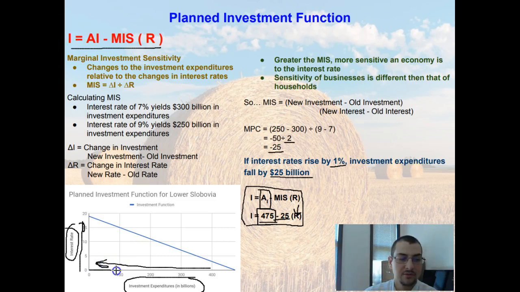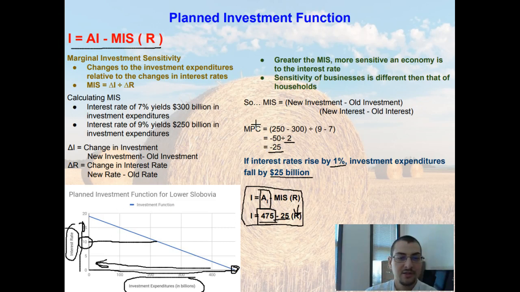At an interest rate of 0, we have our $475 billion of autonomous investment. But if the interest rates were to rise up to 10%, then we are going to lose $250 billion worth of investments.